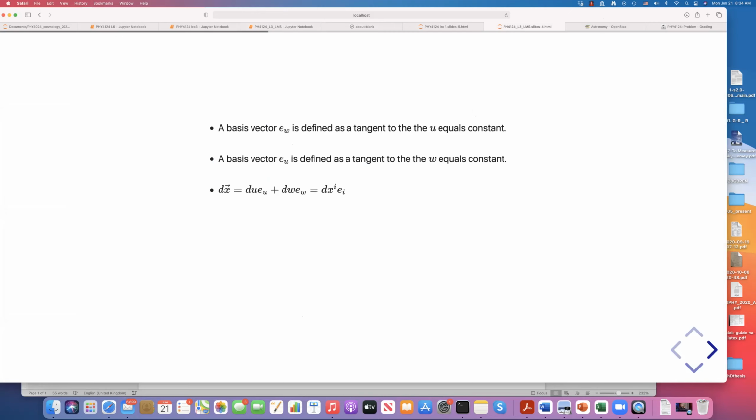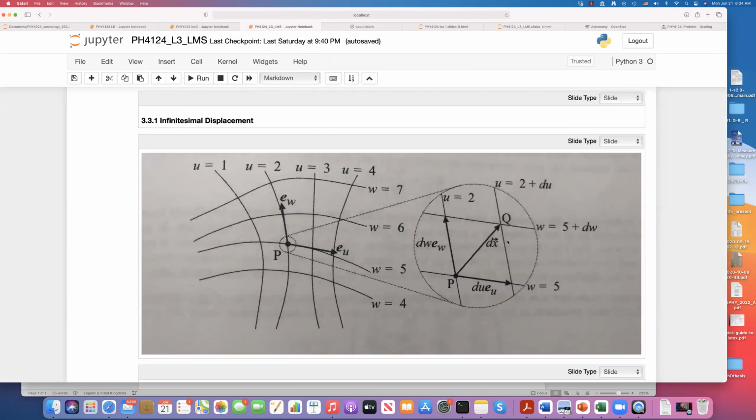Now you can write the component dx using those two basis vectors and infinitesimal displacement as du eu plus dw ew, right? So once again, if I go into this image right here on the right hand side, this is the dx vector. You can write it in terms of du eu.